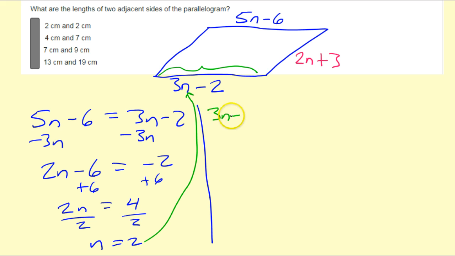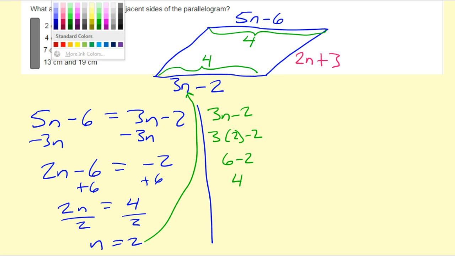So 3n minus 2 becomes 3 times 2 minus 2. So that's 6 minus 2, so that's 4. So this side has length 4. Do I need to substitute it back in to find out how long this side is? No, these are opposite sides, so this is also 4.